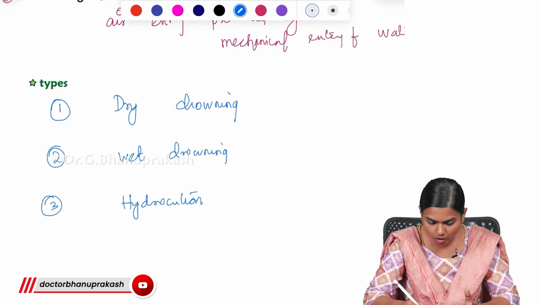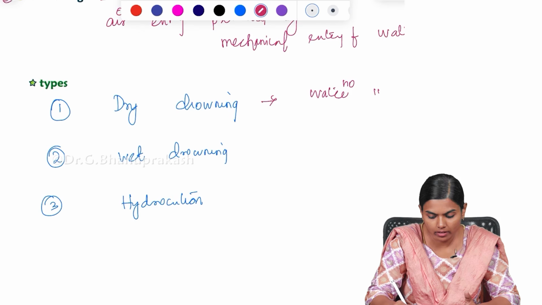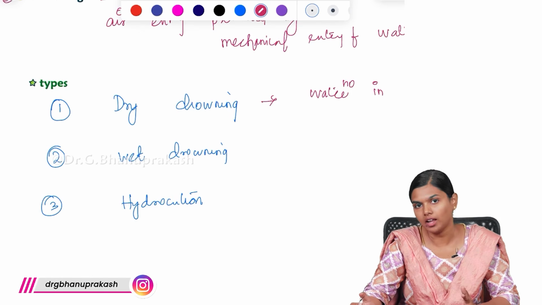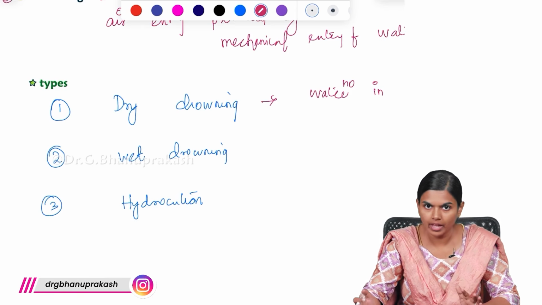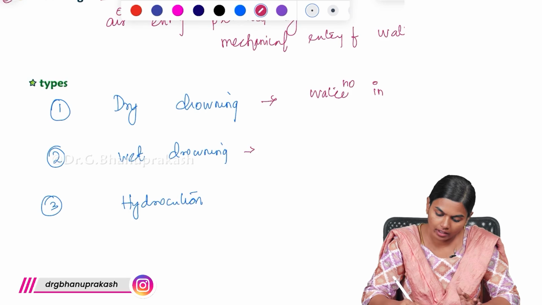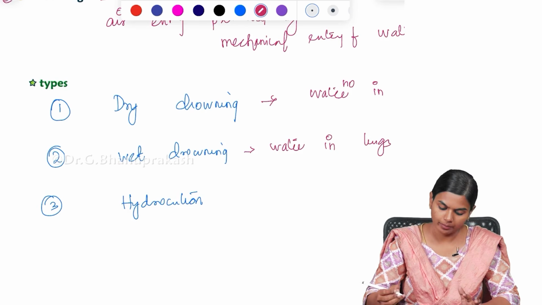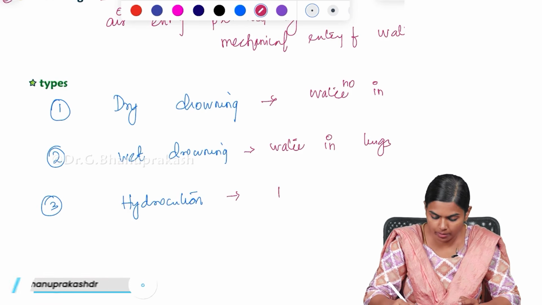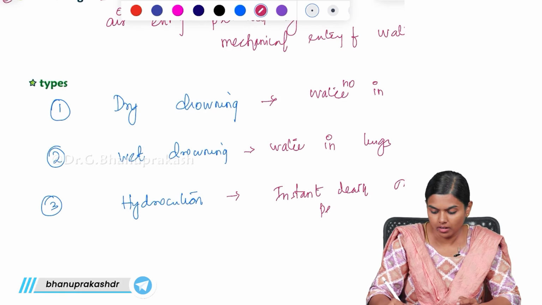When I say dry drowning, what I mean is there will be no water in the lungs. If there is no water in the lungs, but still the patient has died because of drowning, we call it dry drowning. If there is water present in the lung, we call it wet drowning. And hydrocution is instant death once the person touches water.